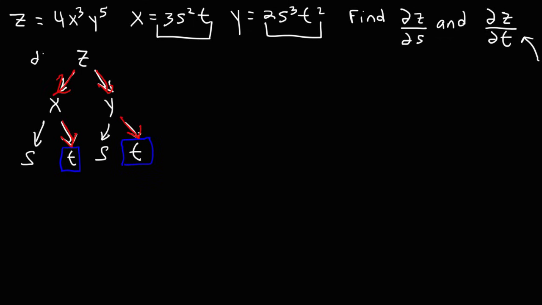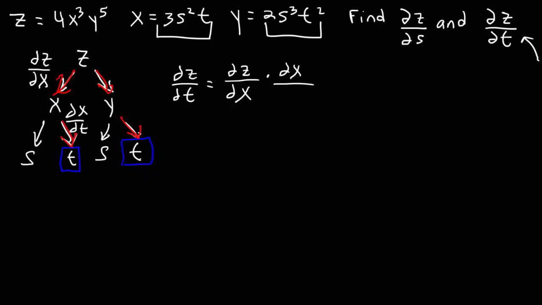So we need the partial derivative of z with respect to x and the partial derivative of x with respect to t. So we can say that the partial derivative of z with respect to t is going to be the partial derivative of z with respect to x times the partial derivative of x with respect to t.